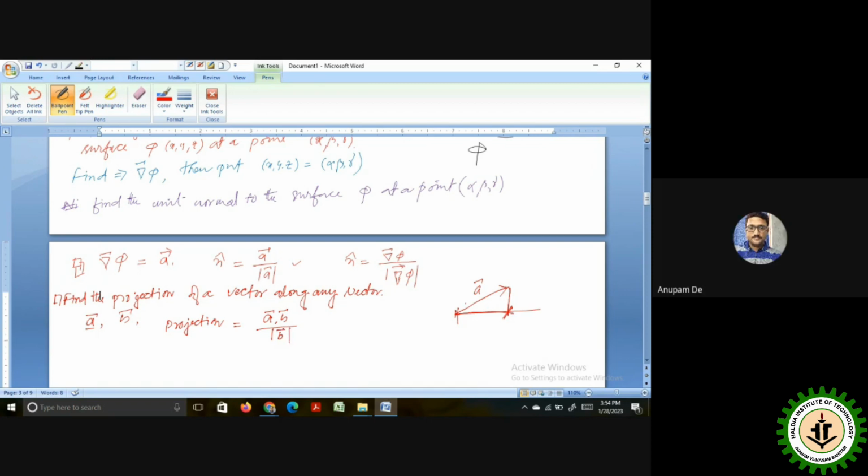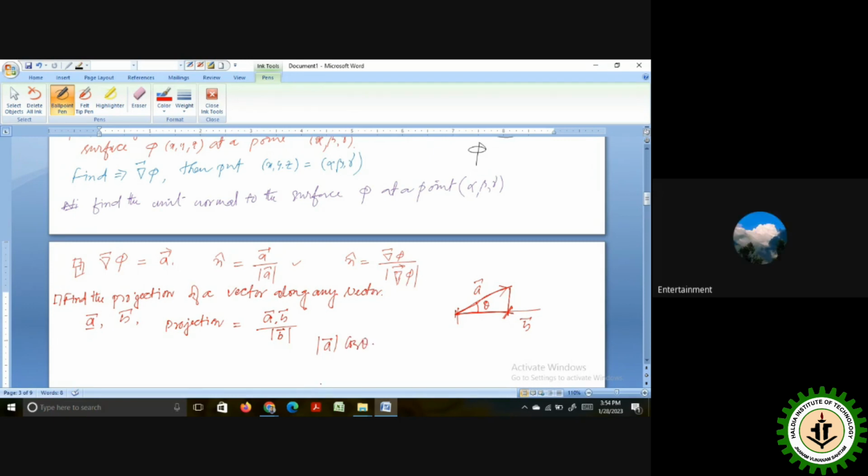Okay, mod B. So if this is theta, let me show you where you are getting it from. If you want to find the projection of A along this direction, if this is the direction of B, then it is basically mod A cos theta.